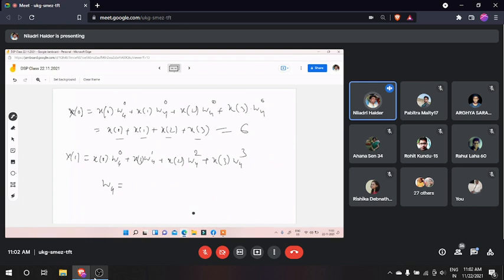So w4 is e to the power minus j 2 pi by 4, or pi by 2, or cos pi by 2 minus j sin pi by 2. What will be the value? That is 0, that is 1. So minus j. The value of w4 is minus j.